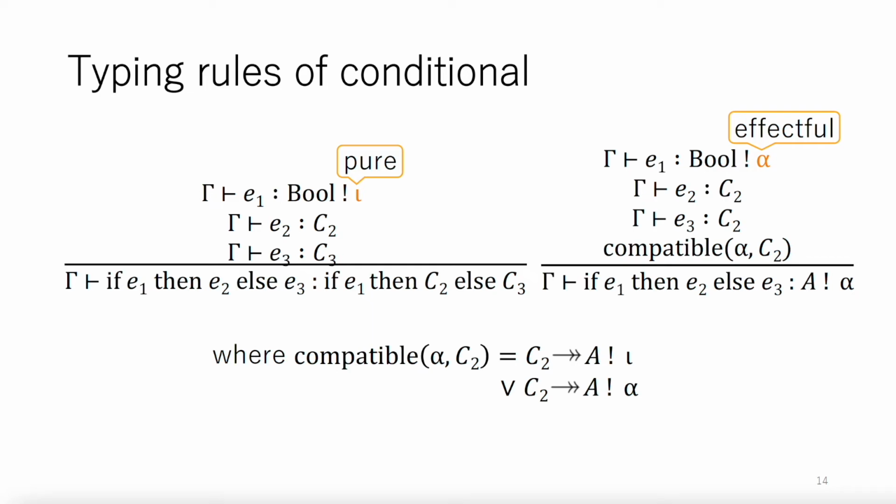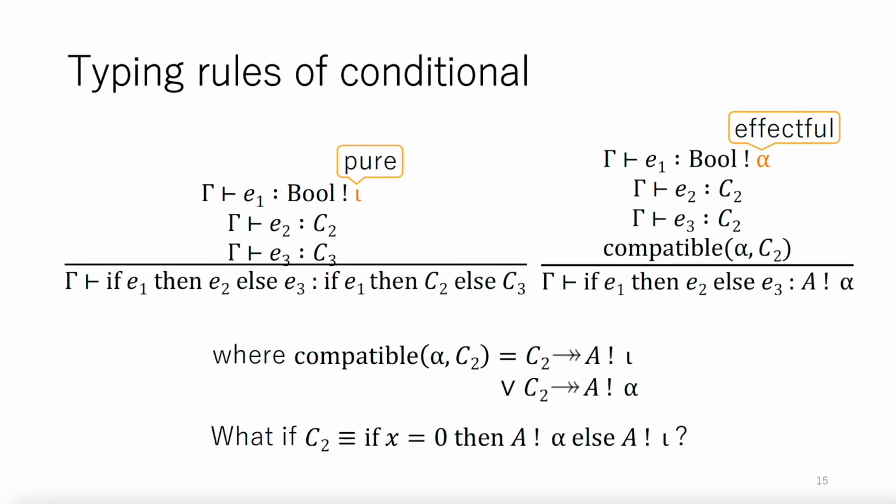The reason is as follows. For the compatibility relation to hold, the branch's effect must be either pure or alpha. To decide whether this requirement is satisfied, we need to normalize the computation type C2, which might be a conditional type, to a type effect pair.